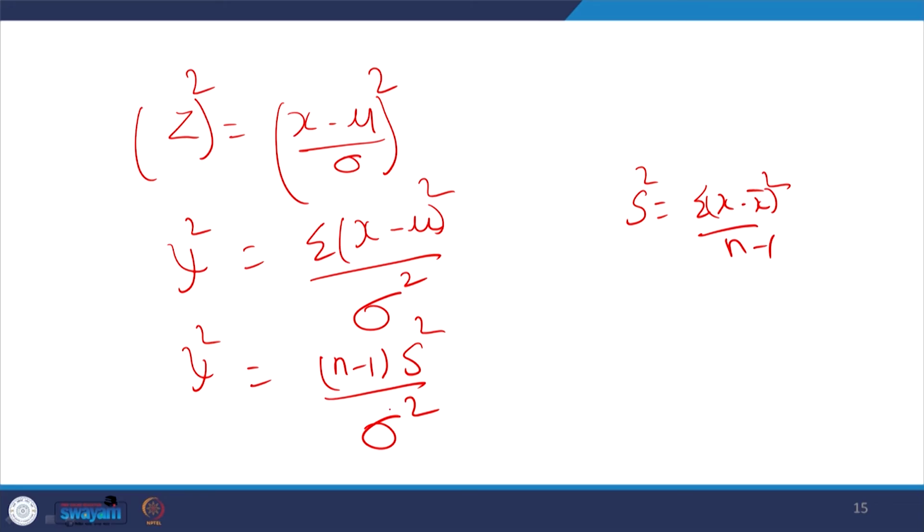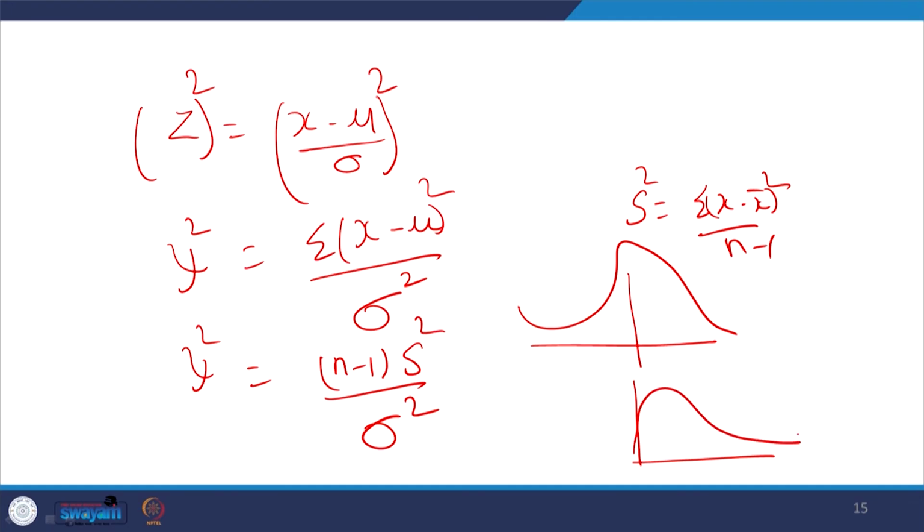So, there is a connection between your z distribution and chi-square distribution. The other thing, since it is squared, z is a normal distribution this way, while the chi-square distribution is like this, because we have squared the z value, so there will not be negative values. So, chi-square value will always be positive. That is the connection between your z distribution and chi-square distribution.